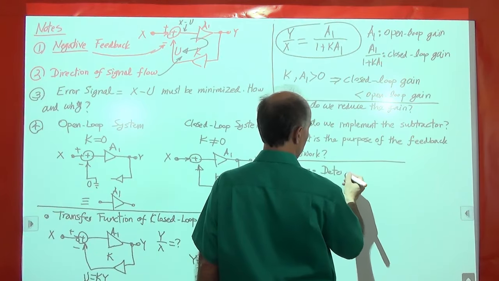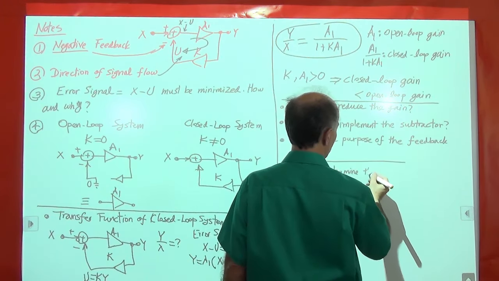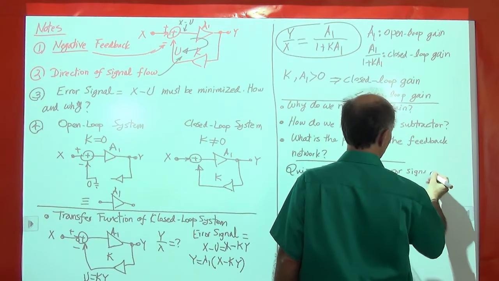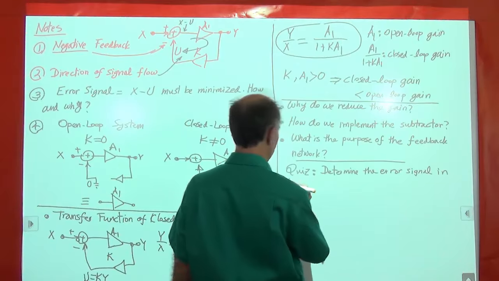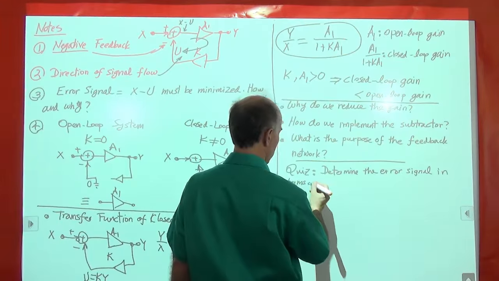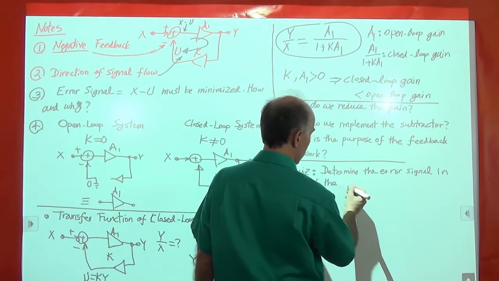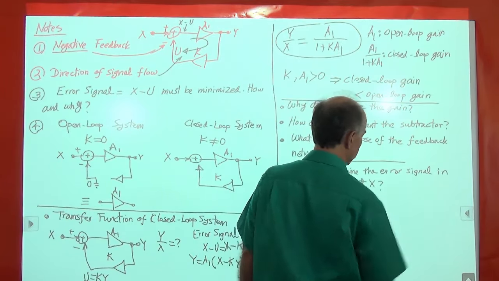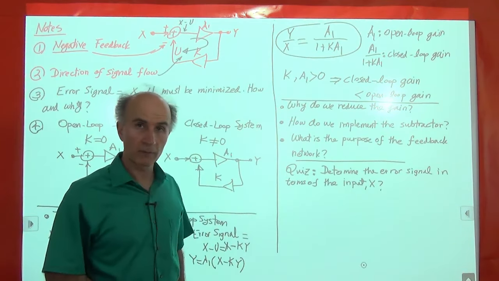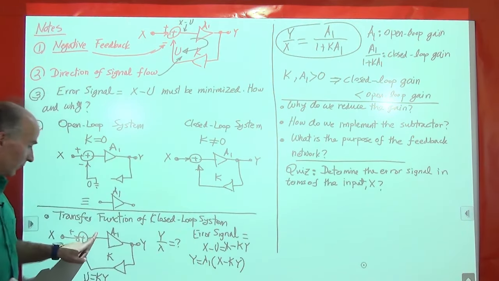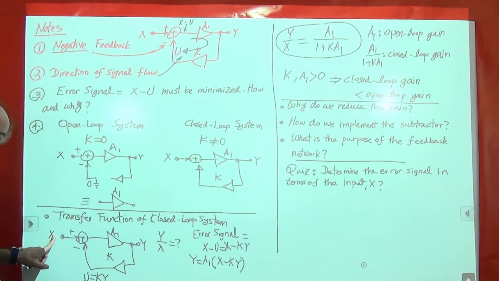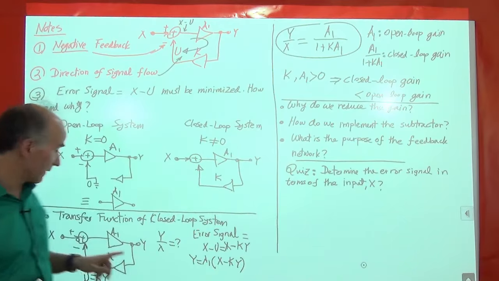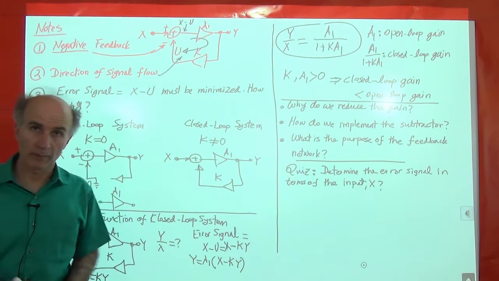Determine the error signal in terms of the input X. In other words, we're looking for this value here in terms of X. We found Y in terms of X. Y in terms of X is that. So what is this error in terms of X? I'll give you 1 minute to think about it.